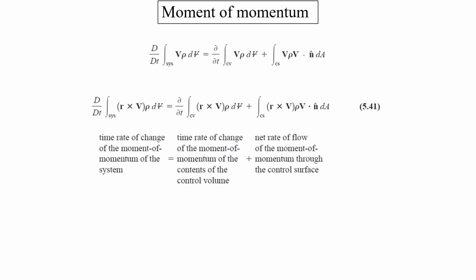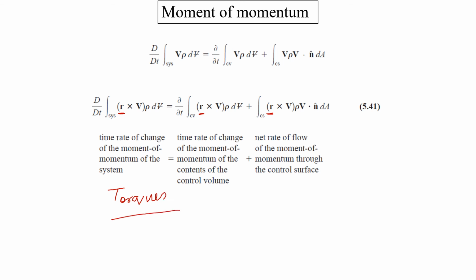Next, after momentum, we derived the moment of momentum equation by using the Reynolds transport theorem. Here you can see that our extensive property is again momentum, but if we take the moment of this momentum by multiplying it with a certain distance, it gives us the torques.